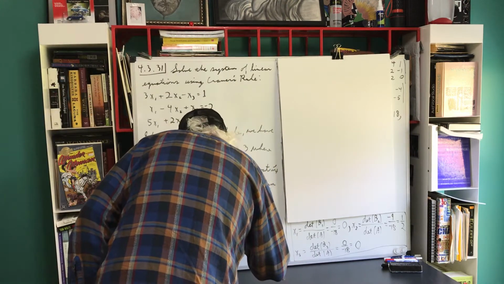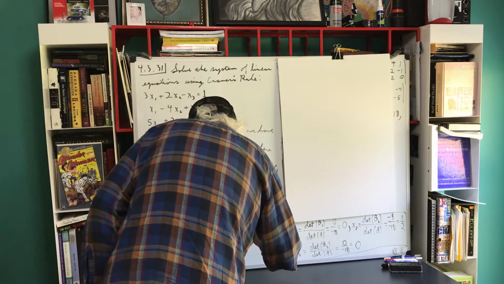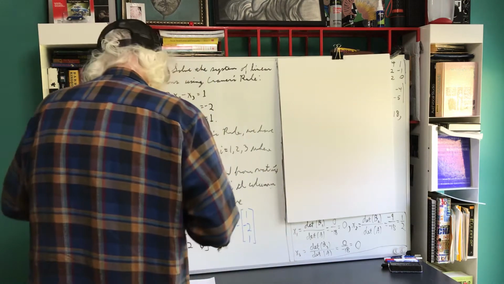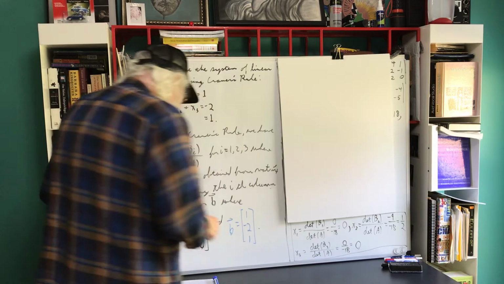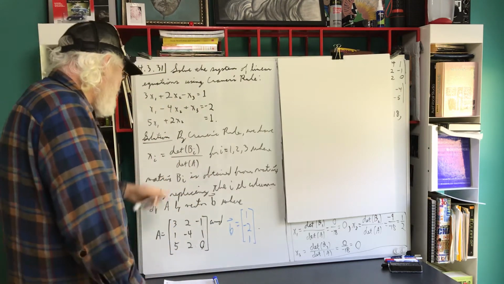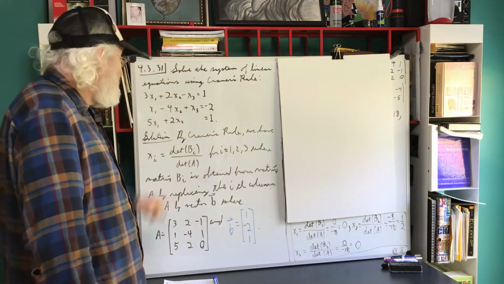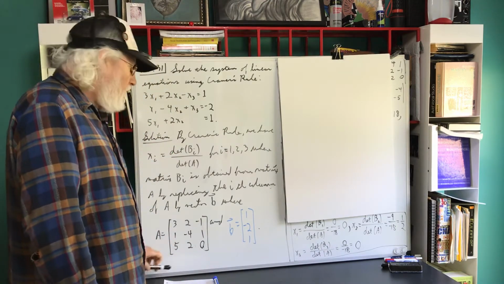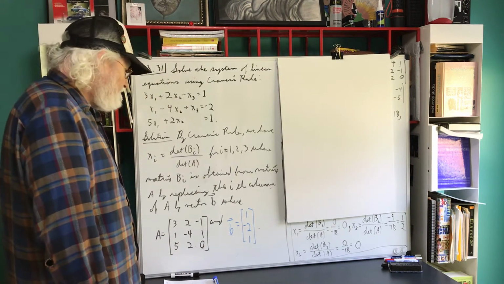Vector B would be the column vector 1, negative 2, 1. Of course the bad news is we've got to take determinants of A, and that's 3 by 3, and B1 and B2 and B3. So that's 4 determinants of 3 by 3 matrices.